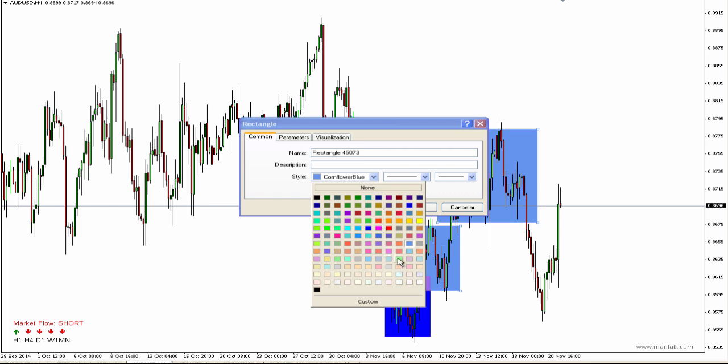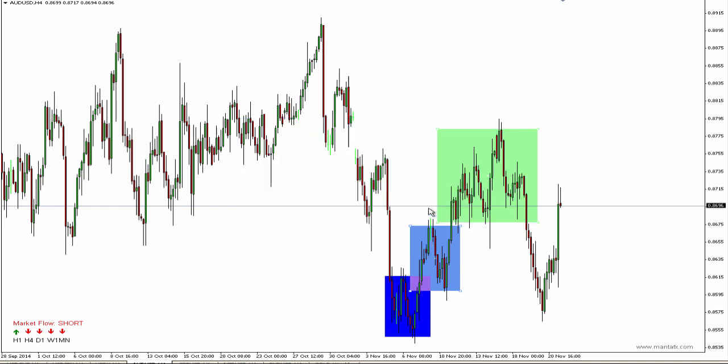Pretty awesome price action, if you will. So this first consolidation breaks out, retests it, goes back up, then goes down again, and then it consolidates down here at the moment for a while.